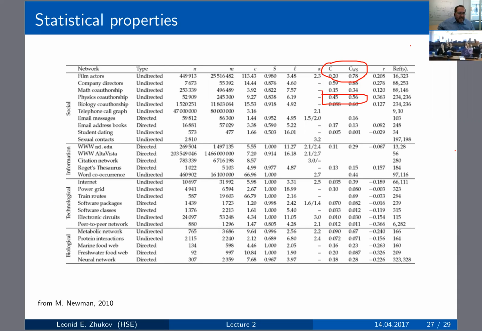Honestly, I don't know any good explanation of why it is where it is. It is slightly different definitions, and they play out differently depending on the actual structure. This one just counts the number of triangles. This one looks at the local structure and then averages it out.